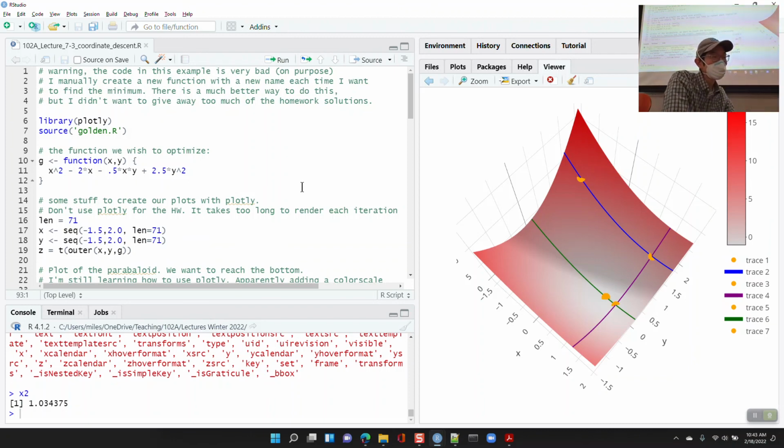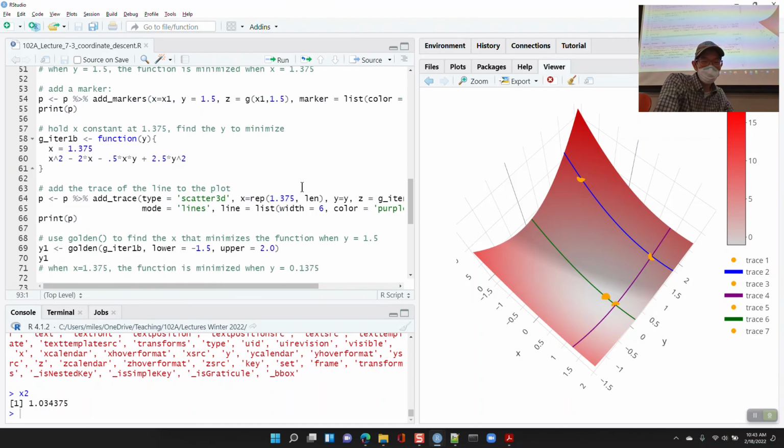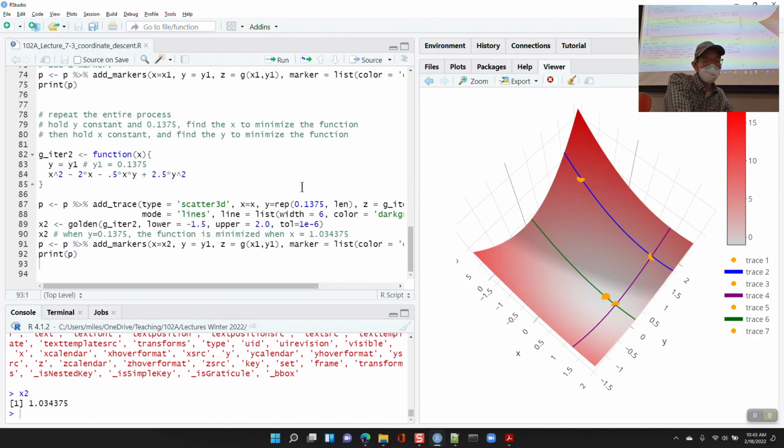Yes, question. What's the termination condition for it? Yeah, the termination condition generally is when at the next iteration, there's a whole bunch of things you can look at, right? You can look at the change in x, the change in y, and if both of those are less than some tolerance level, then you can stop.